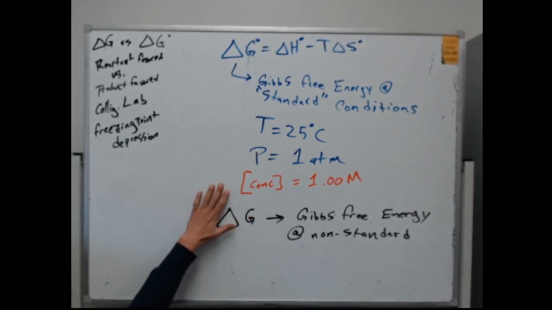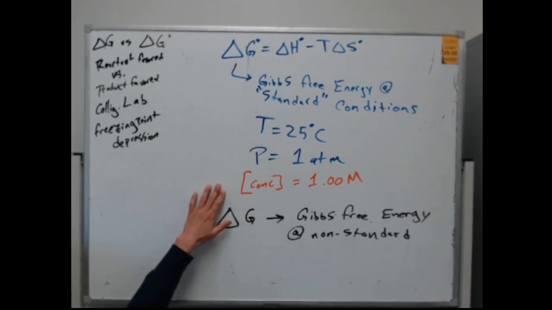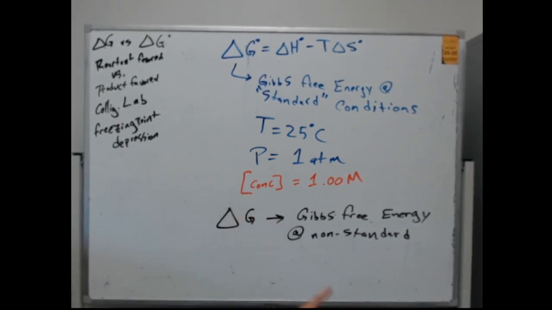Delta G can be at any concentration, whereas our delta G standard has to be at 1 molarity. So standard conditions would be 1 molarity, and then our delta G would be the change from that standard to wherever it goes to get to energy equilibrium. And that's going to be new language we start dealing with tomorrow.